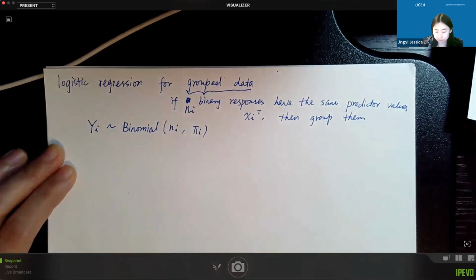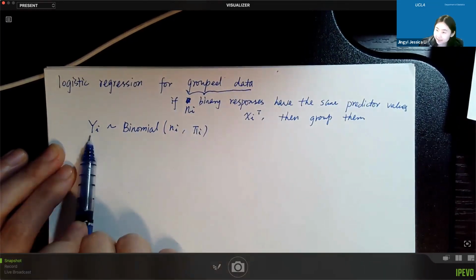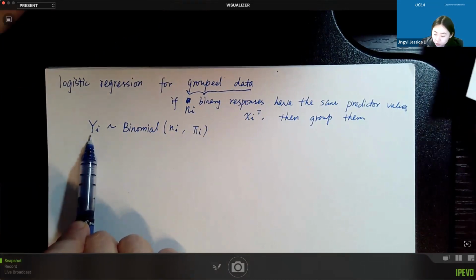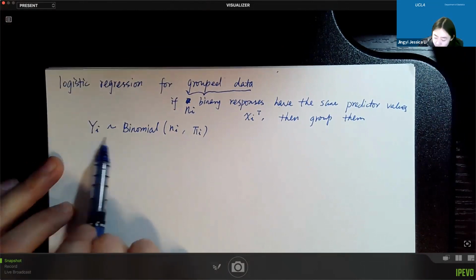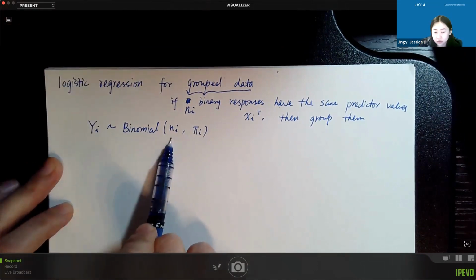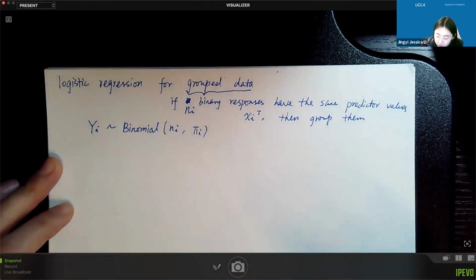So the yi is no longer binary, but a count that varies between 0 and Ni. That will be my new observation.